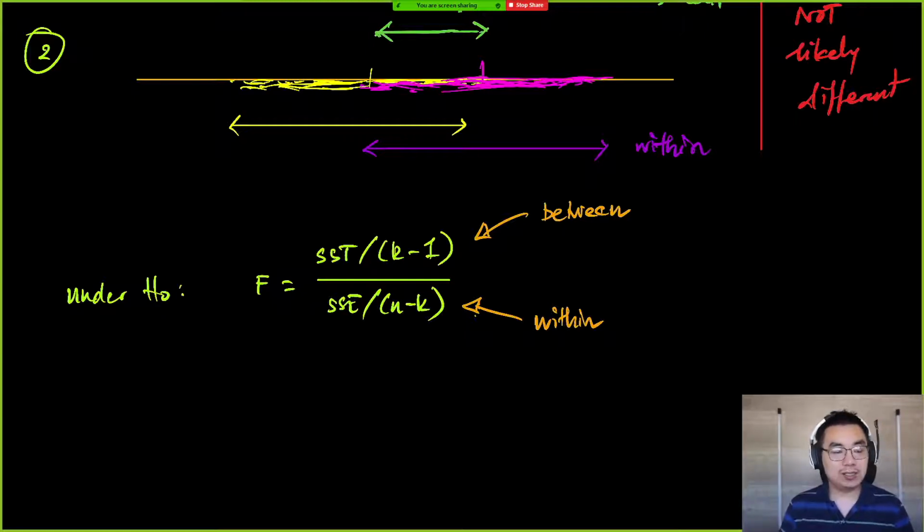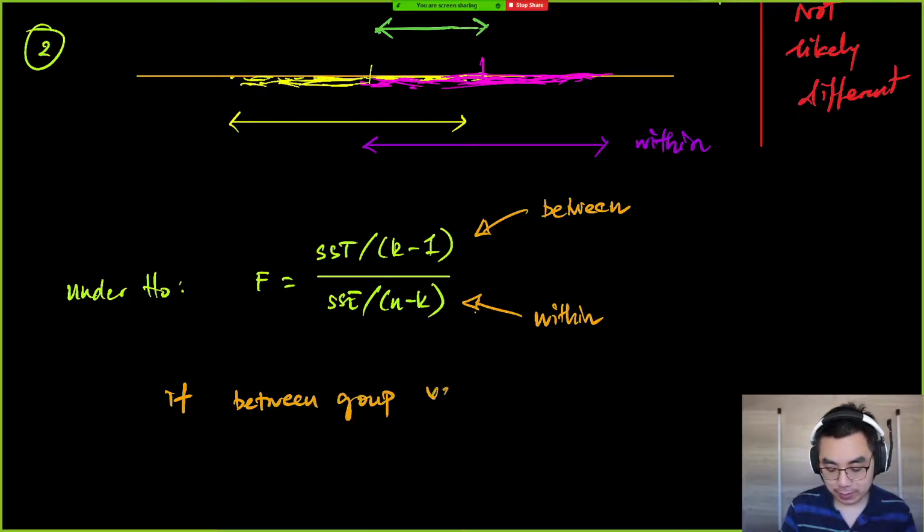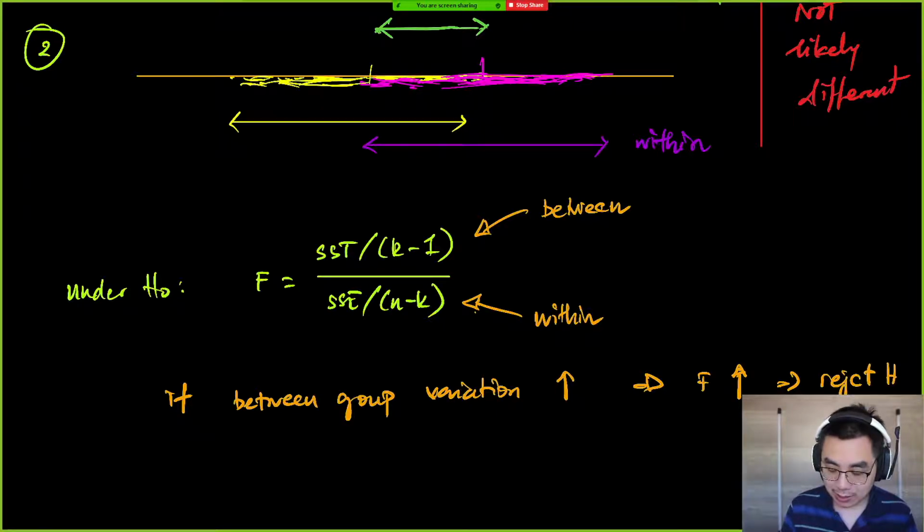So you can see that if the between group variation is proportionately larger, then that drives up the F statistic. That implies that the F statistic is larger, which implies, of course, that you're more likely to reject the null. So that's the point that we can see here.